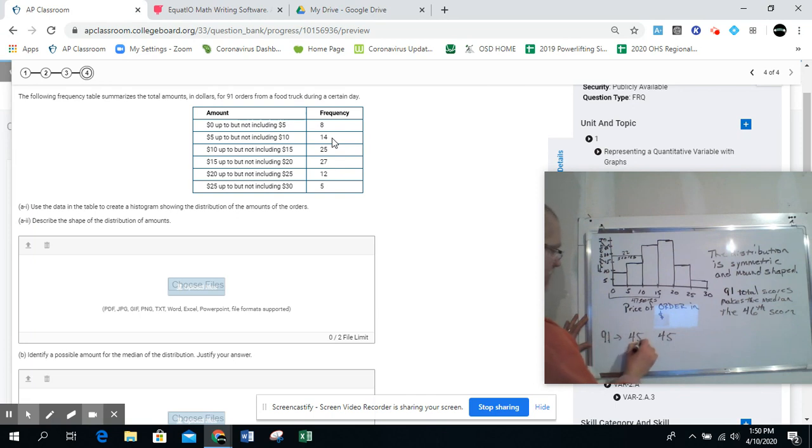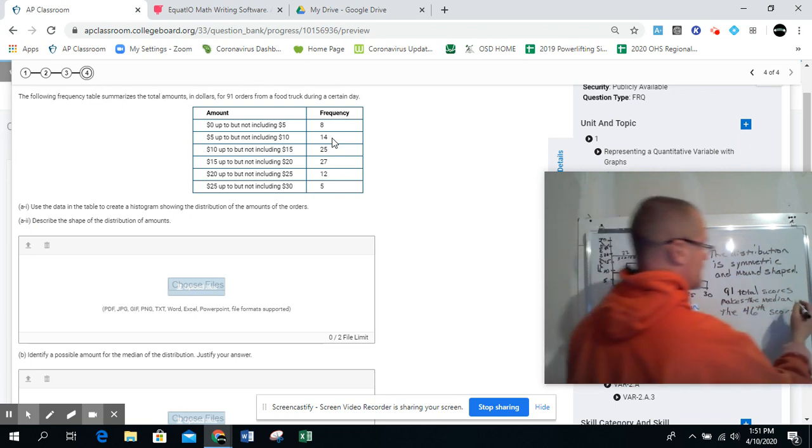Odd numbers get split up into 2 equal parts with a median in the middle. Even numbers, if this was 90, it would be 45 and 45 with a new median made in the middle, or a new score in the middle.